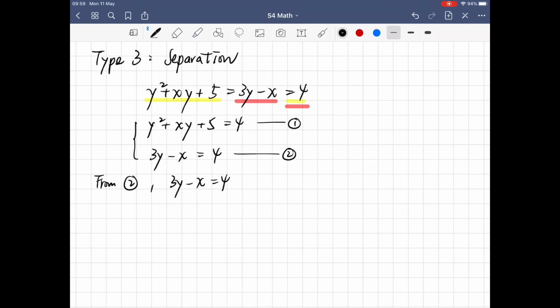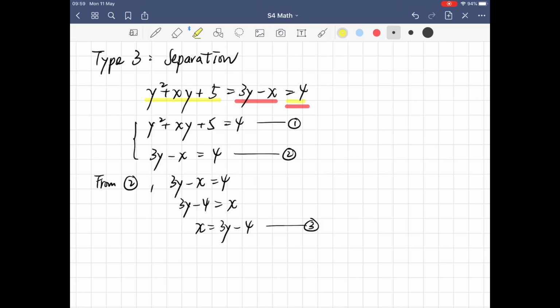Okay, and I will make x the subject. And we have 3y minus 4 equals x. And x will be equal to 3y minus 4. And this is our equation 3.